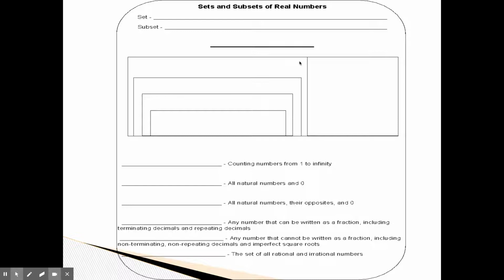So here are your definitions. I'm not going to spend a whole lot of time on set and subset. Just remember, a set is a group of numbers. A subset is a group within a group, or a smaller group of numbers within a larger set. So in the 8th grade, every number you see is a real number. And inside of that real number set, we have rational numbers, so this large rectangle over here.